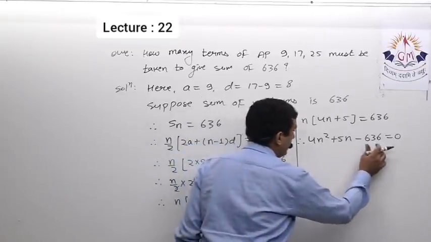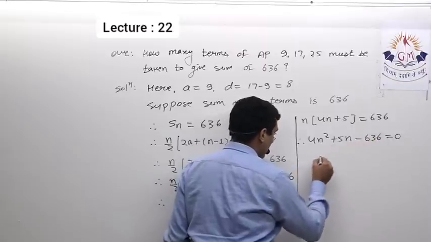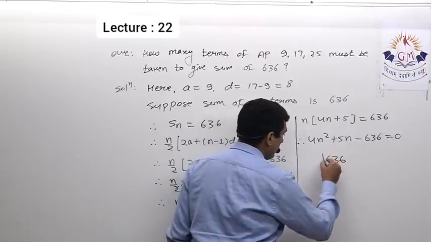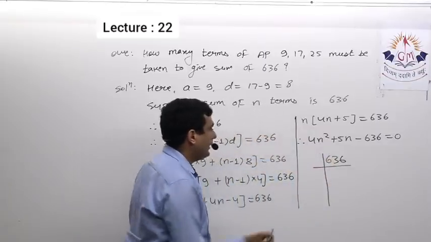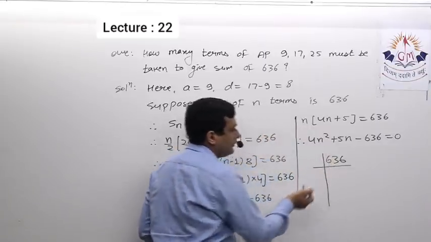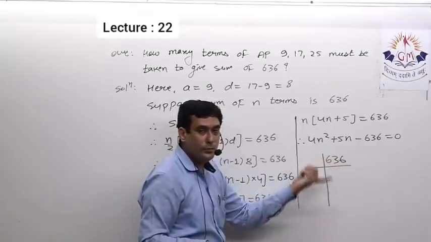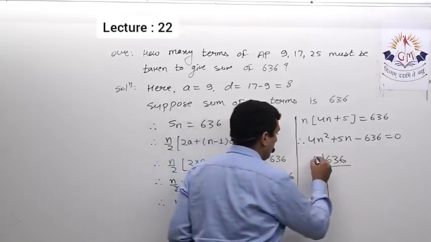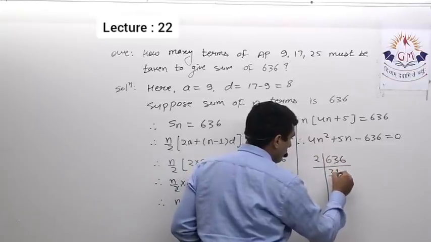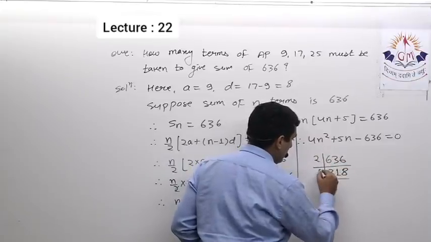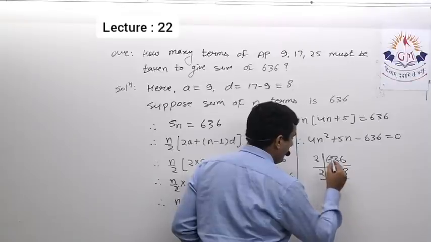So here, finding the factors of 636. This is not the portion that you have to show in the solution part, but definitely I'll explain how we got the factors and how we split the middle term using these factors. So here I can divide it by 2, 2 3s are 6, 2 1, and again it is divisible by 2.